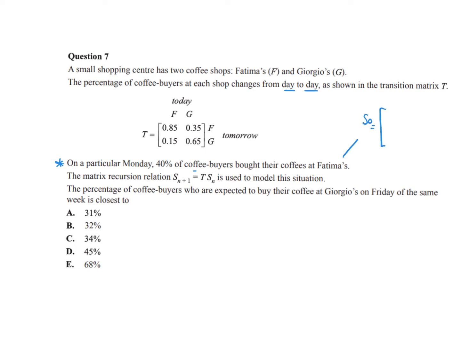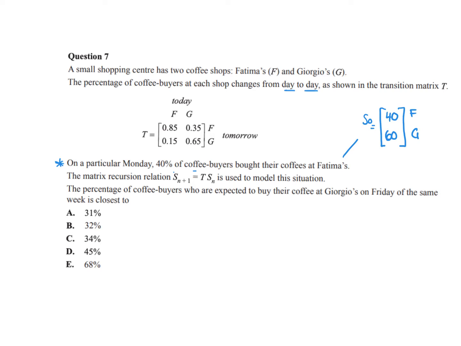So we know that S0, and we're going to follow the same pattern with F first and G second. They said 40% are at Fatima's, so I can just keep it as a 40. Now, if 40% of customers go to F, then 60%, because you've got to add up to 100, must go to G on that day.